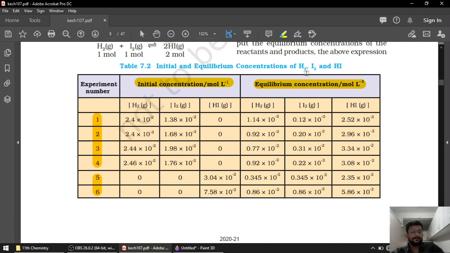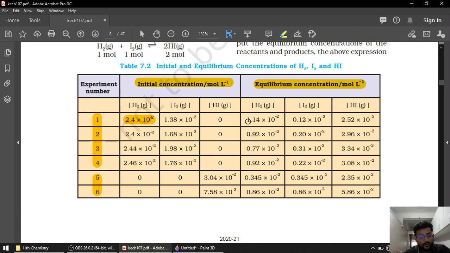Now look at this. In the first experiment, the amount of H2 is 2.4 into 10 raised to minus 2. That means 0.024 was the concentration of H2, and at equilibrium it is 0.0114.